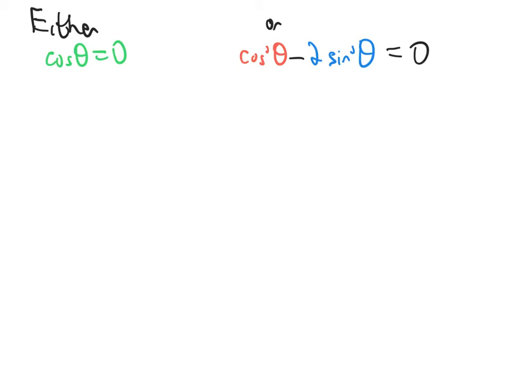Let's begin with whether cos theta equals 0. Remember, we're restricted to angles between 0 and 90 degrees, or between 0 and pi over 2, if you prefer working in radians, because that's the only physically meaningful case for this cone. It can't have an angle bigger than 90 degrees or less than 0.